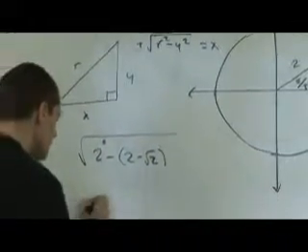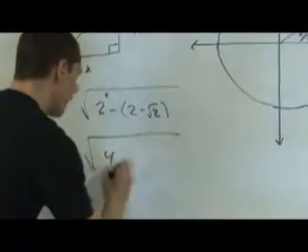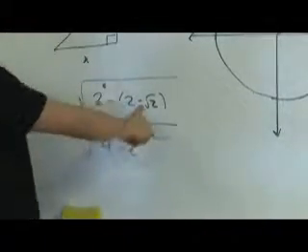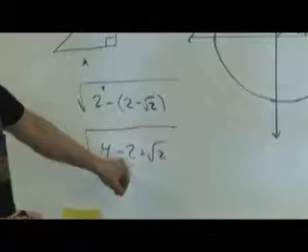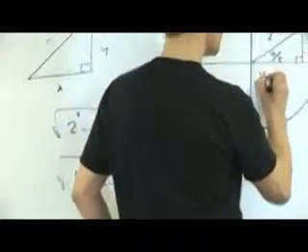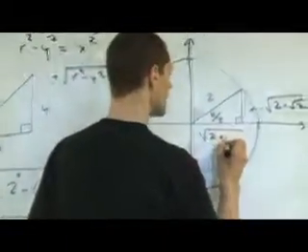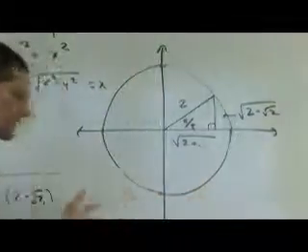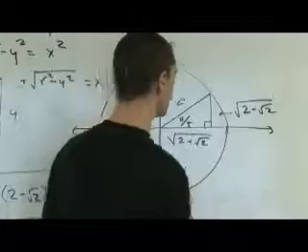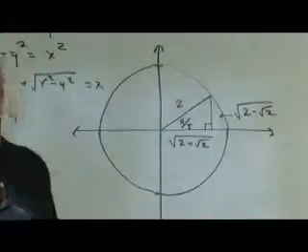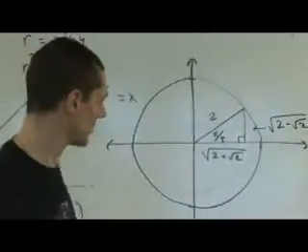This cleans up. This is the square root of 4 minus 2 minus minus is plus the square root of 2. 4 minus 2 is 2. This is the square root of 2 plus the square root of 2. And as far as tongue twisters go, this is a pretty good one.